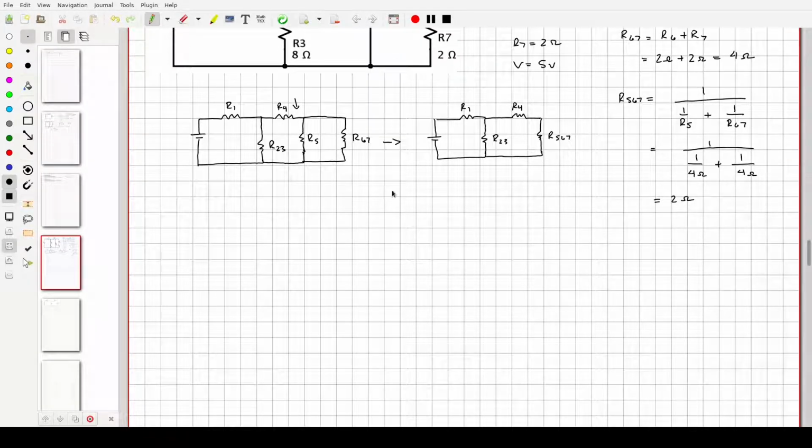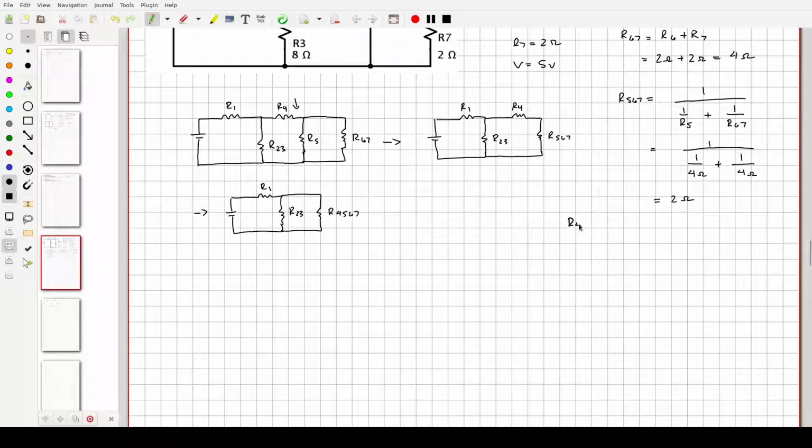And so the next thing is going to be to take this and reduce it in complexity by adding R4 and R567 together. When you do that, you're going to get this. Here's R1. Here's R23. And then you'll have an R4567, which is these two added together in series.